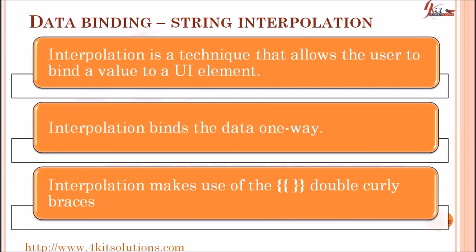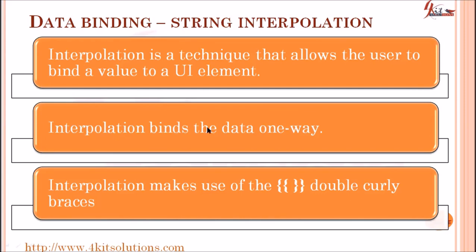Okay. So if we have a string variable and we do string interpolation, that string variable would be replaced by the value of that variable. Interpolation binds the data one way. One way means we can change the data from my class to the view, but it cannot be done vice versa. Means if there is some change in that variable in the view, it won't be reflected.